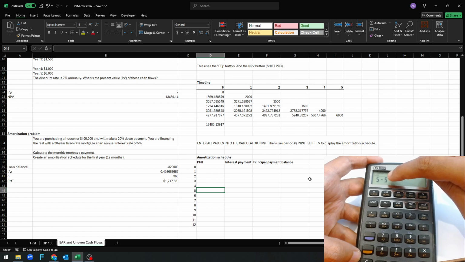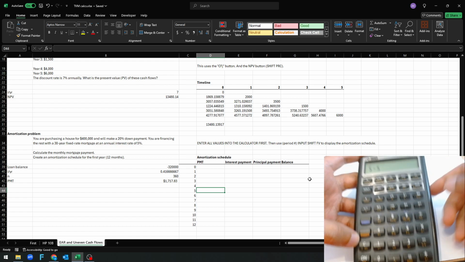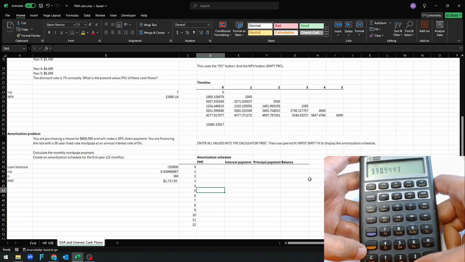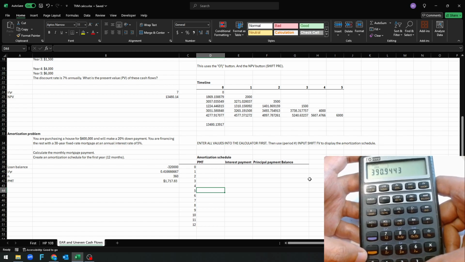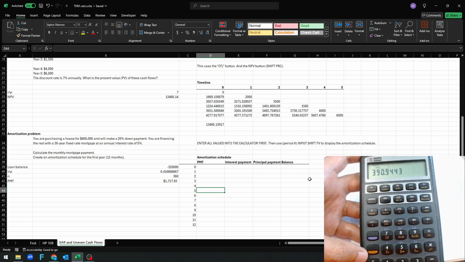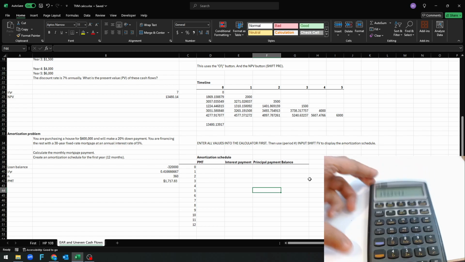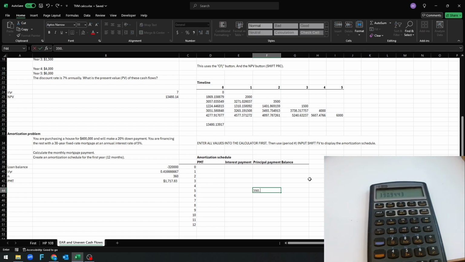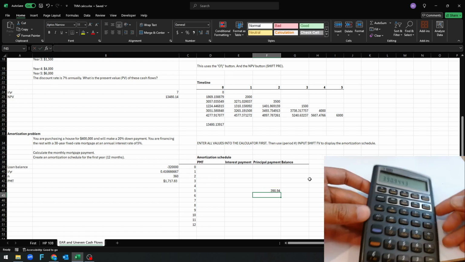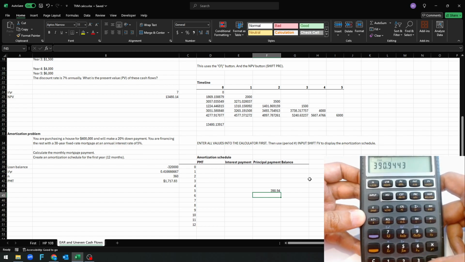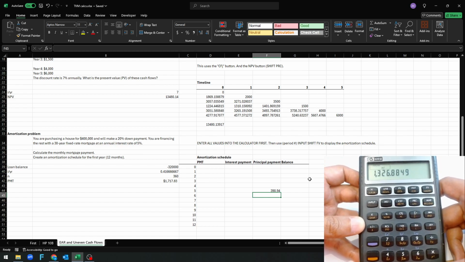So now it's showing us period 5-5 of amortization, and then we can just hit the equal sign to cycle through. So the principal payment is 390.94 in period 5. The interest payment is $1,326.